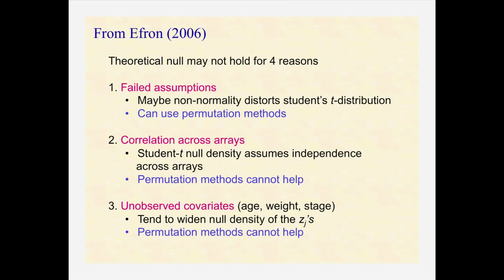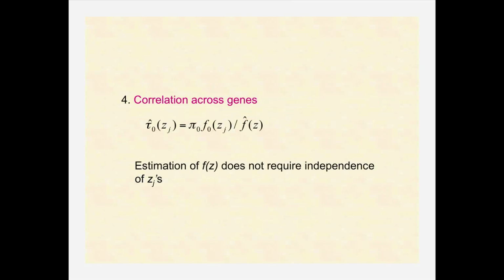Permutation methods can't help then. The other thing is that you've got unobserved covariates, like age, weight, and stage, which tend to widen the null density. And the fourth reason is, of course, the genes may be correlated. So you can estimate the mixture density okay, but you could run into trouble trying to estimate the numerator there.